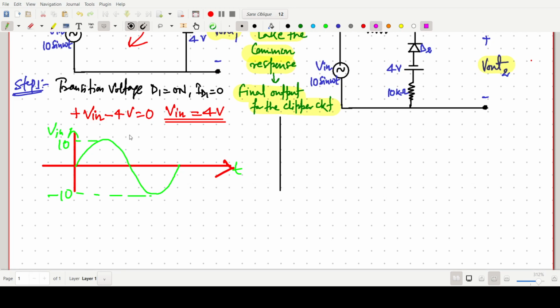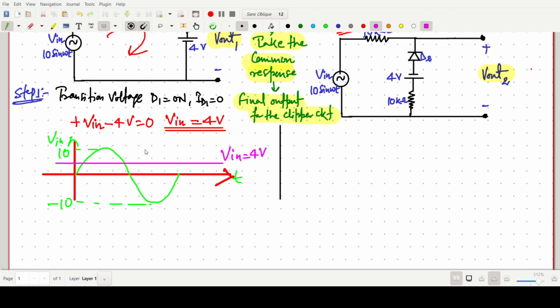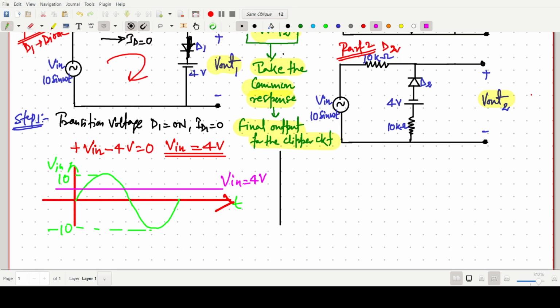Then V in equals 4 volt, a line parallel to the time axis, simple. Now this line will decide whether the diode is on or off. When V in is above 4 volt, D1 is on, and below this line, D1 is off.